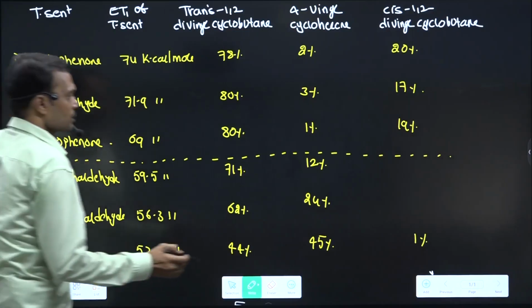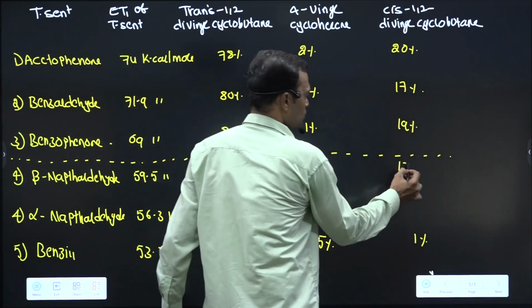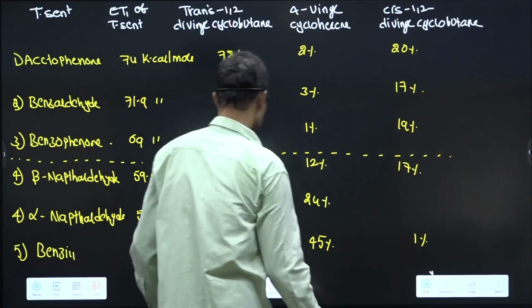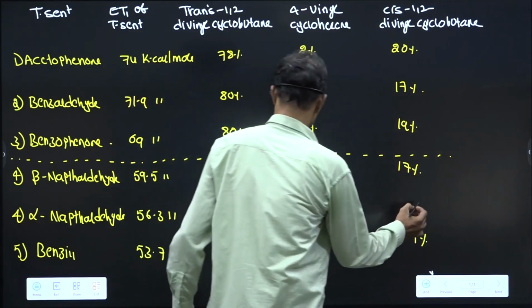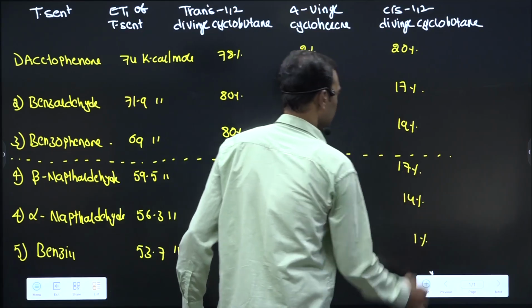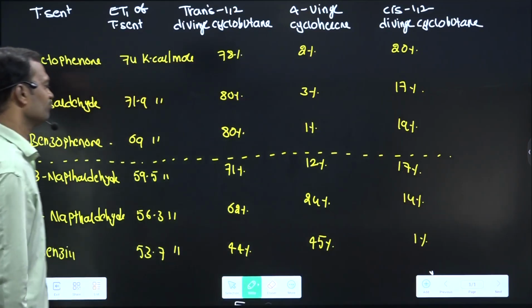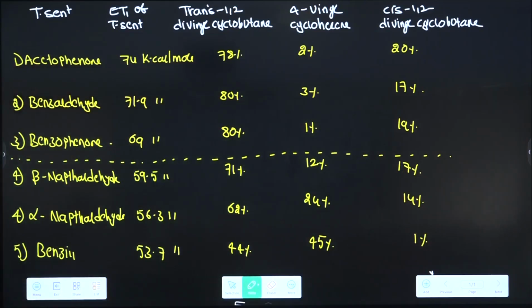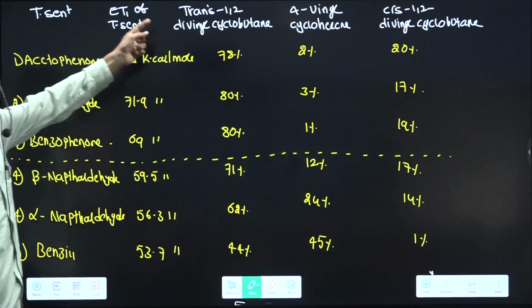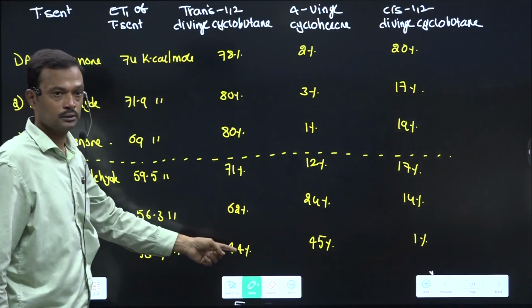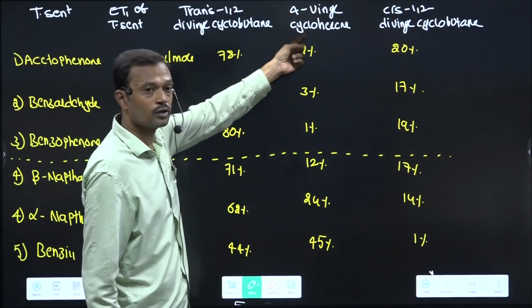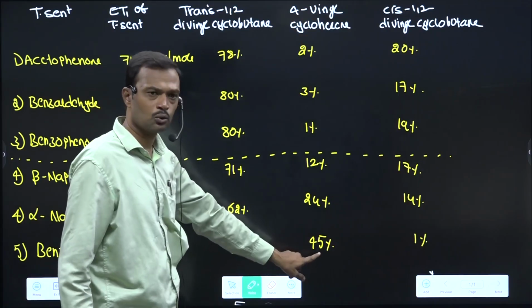So this is 7%, almost 17, 14%. So you focus only on trans; trans is always dominating. And later 4-vinyl comes over here, and that does not give much yield.